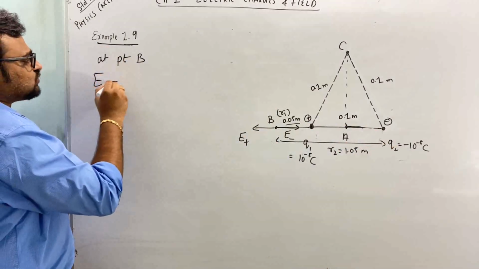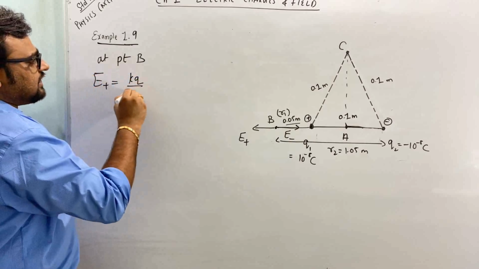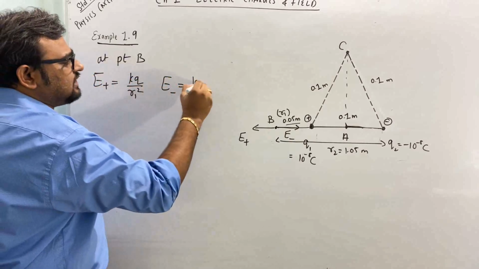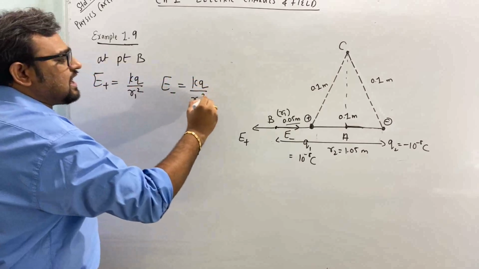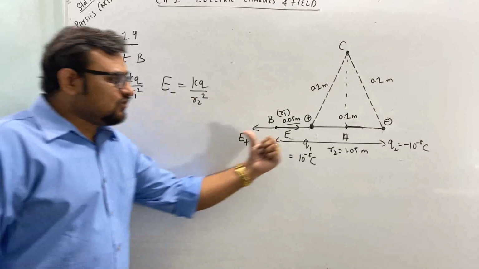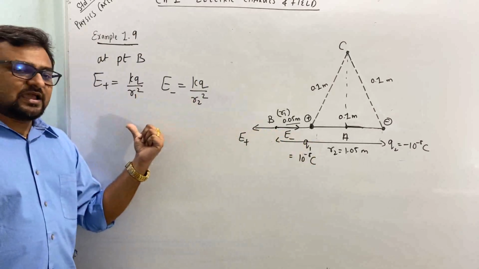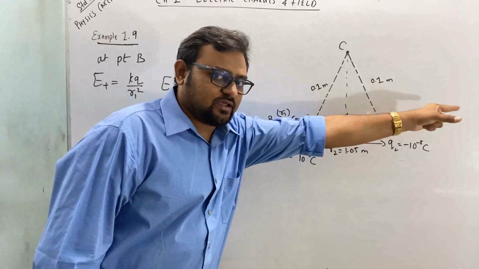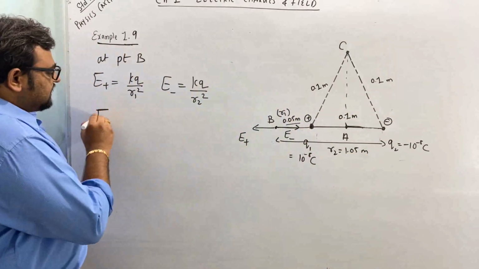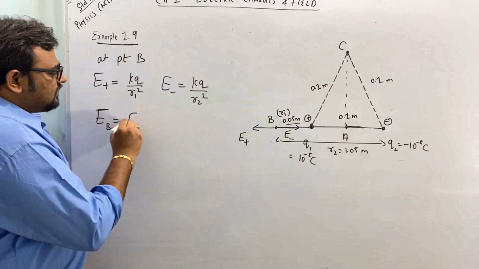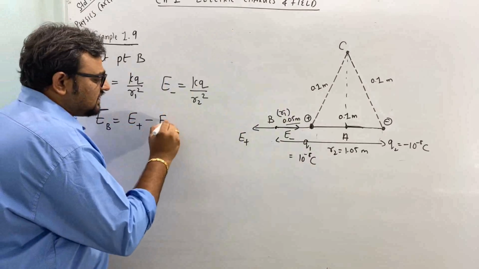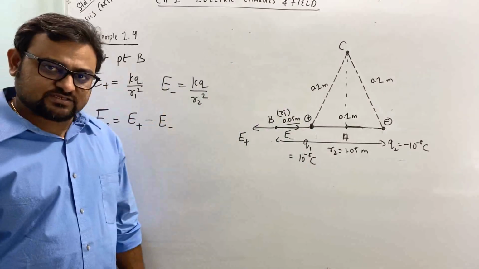Electric field due to plus will be KQ by R1 square, and electric field due to minus will be KQ by R2 square. Clear? Now see, the direction of E plus is in this way and the direction of E minus is in that way. Both are in opposite direction. So the resultant electric field at B will be equal to E plus minus E minus.